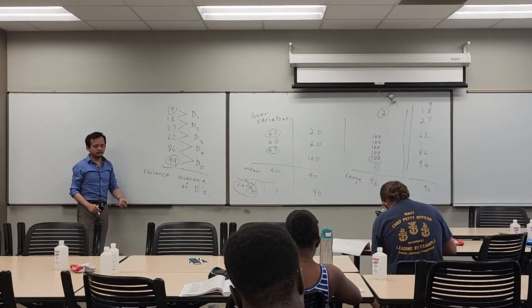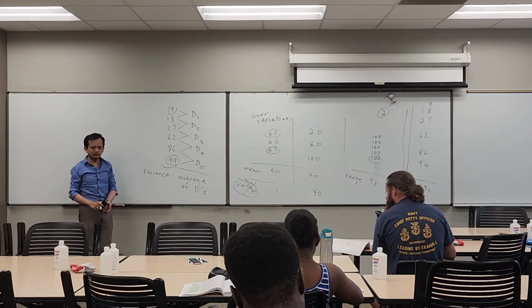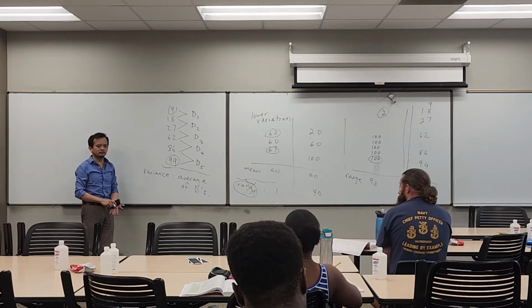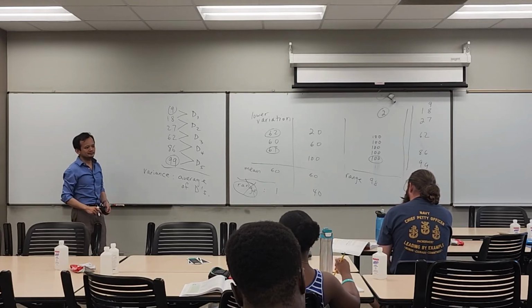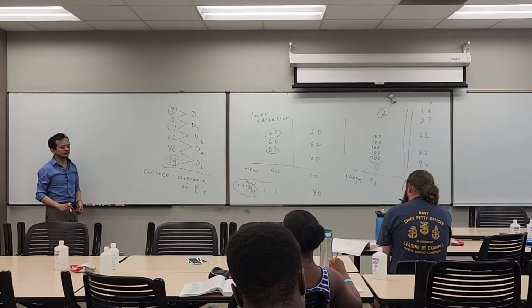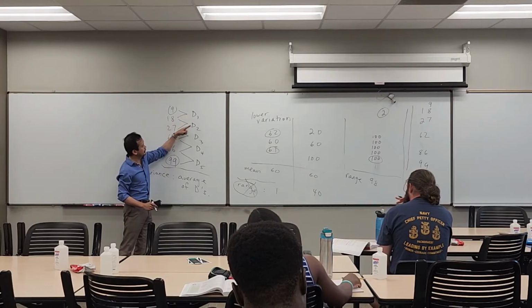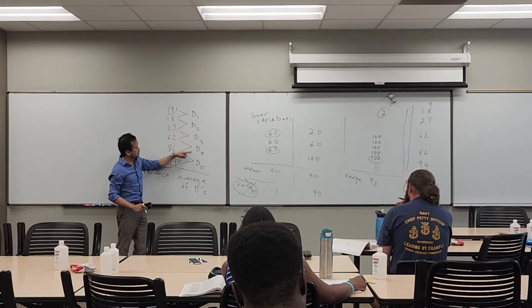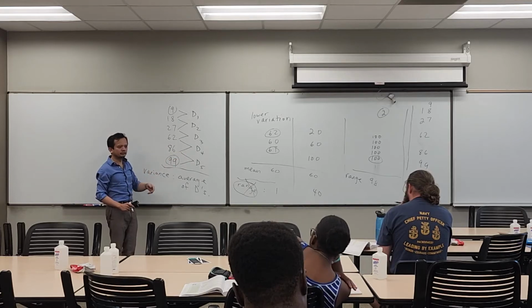The issue with doing this, well, can somebody think of a disadvantage of maybe doing this? So you actually mentioned it before, is that before you found these distances between every pairwise pair here, you would need to do what first?